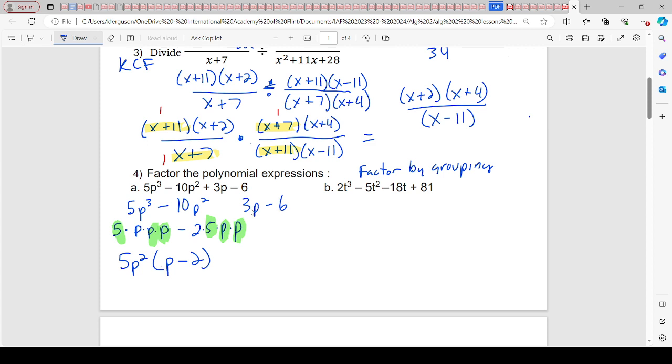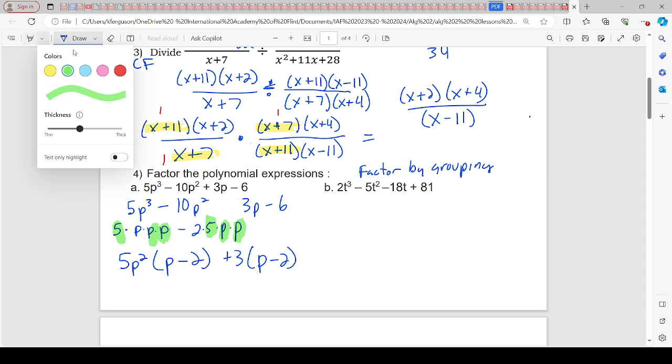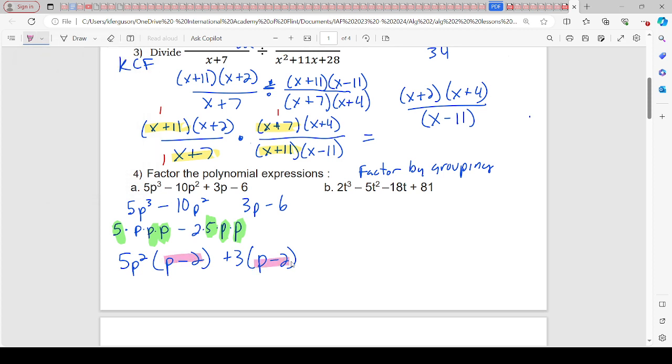Now it's easier to see what I can pull out from the second one. So the second one, I've got 3p minus 6. What do they have in common? I can just pull out a 3. So I'm just going to say plus 3, and that's going to be p minus 2. When you're doing this and the terms that you got inside the parentheses don't match, you did something wrong.